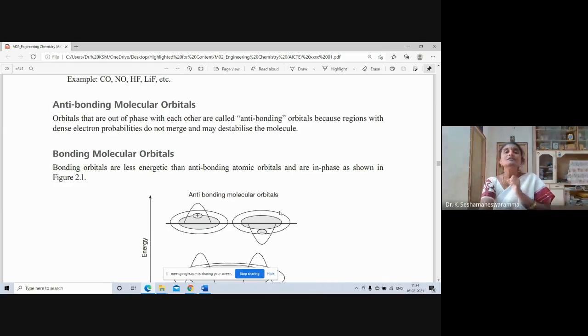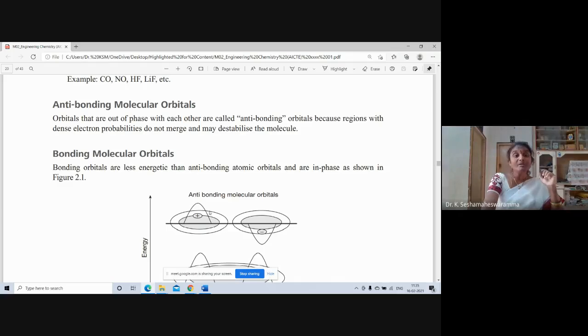Here regions with dense electron probabilities do not merge and may destabilize the molecule. There is no possibility of formation of a bond. Hence, these are high energy and destabilize the molecules.